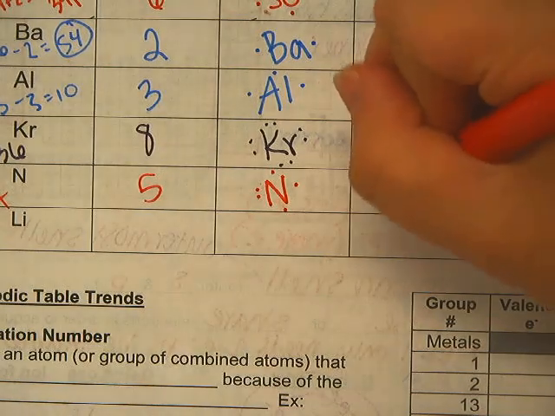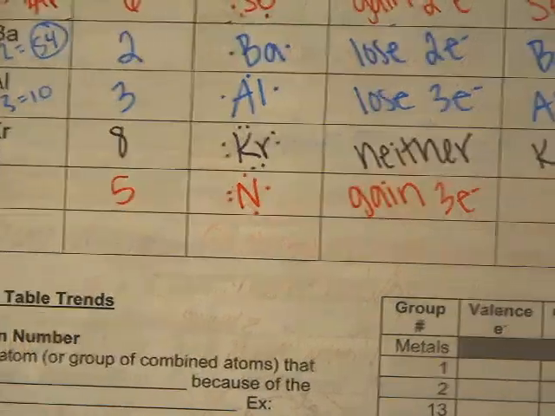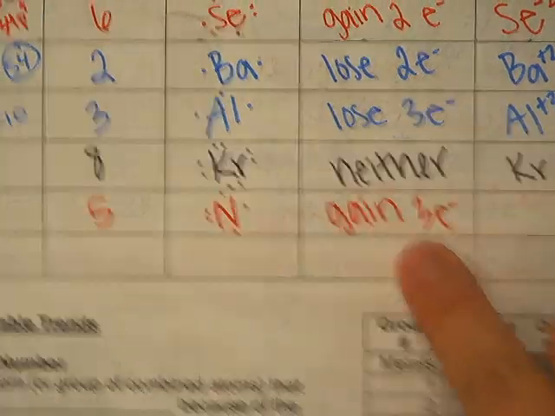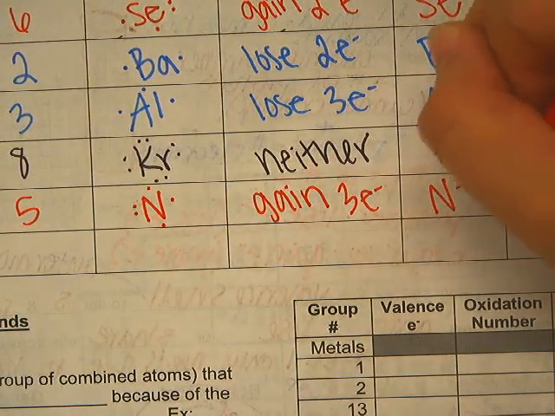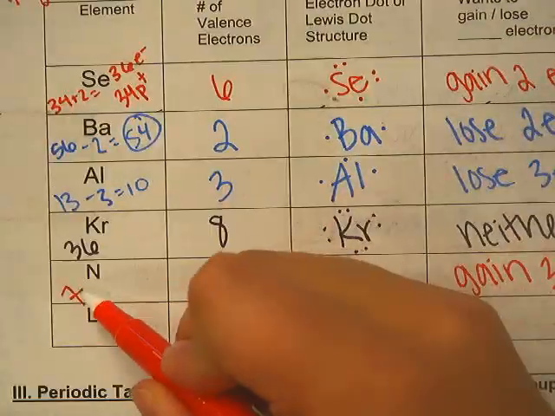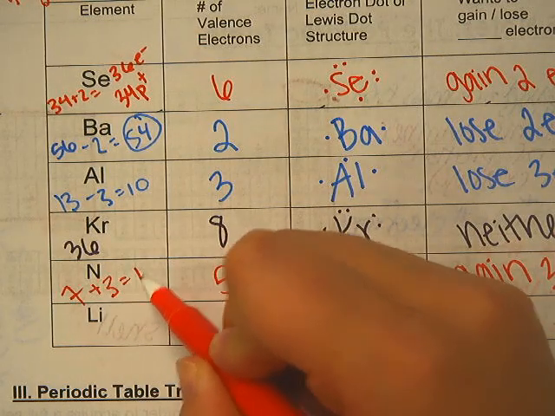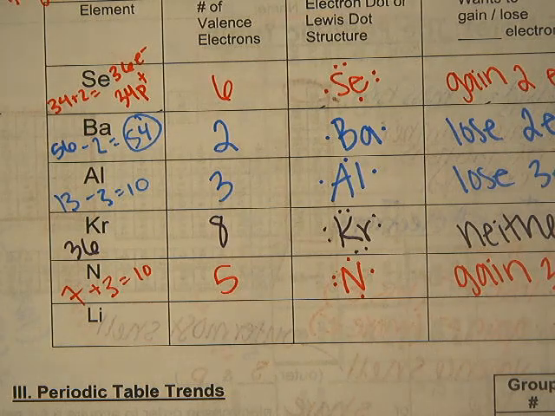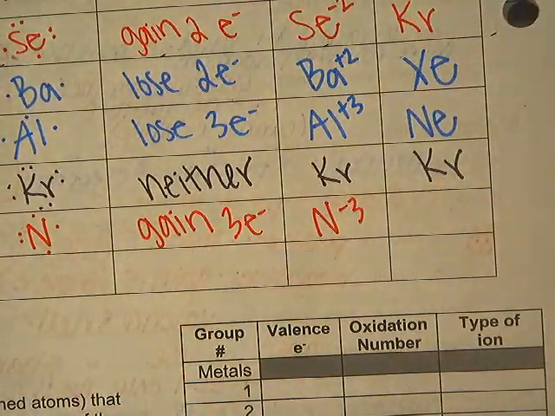Gain 3. The ion that's formed, if we're gaining 3 electrons, it's going to have a negative charge. So it's going to be nitrogen with a negative 3. If number 7 gains 3 electrons, it has 10 electrons. Which noble gas is it trying to look like? Neon.